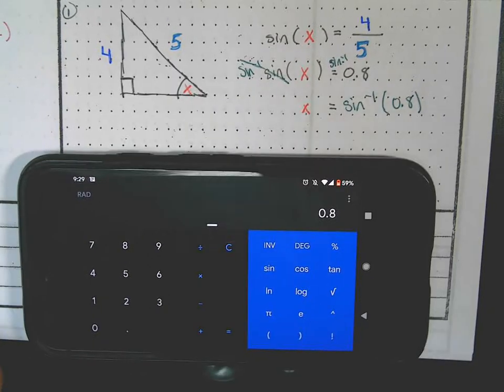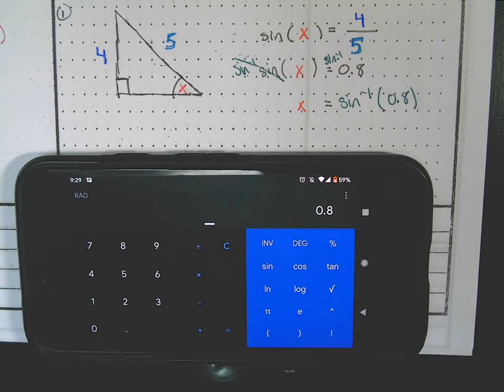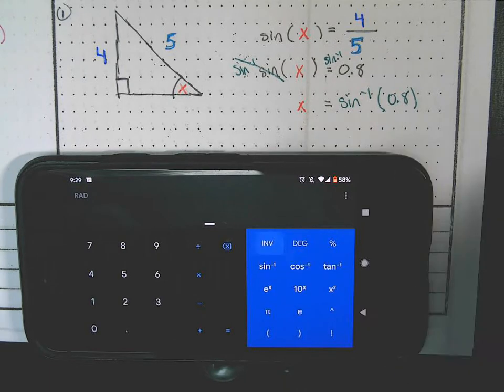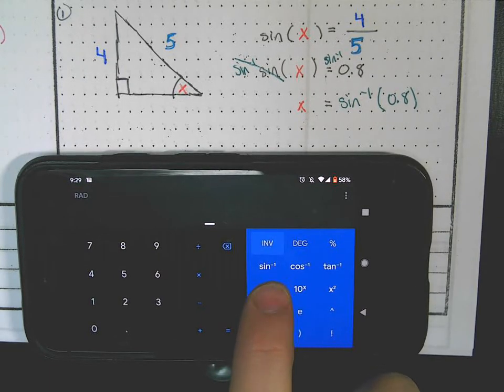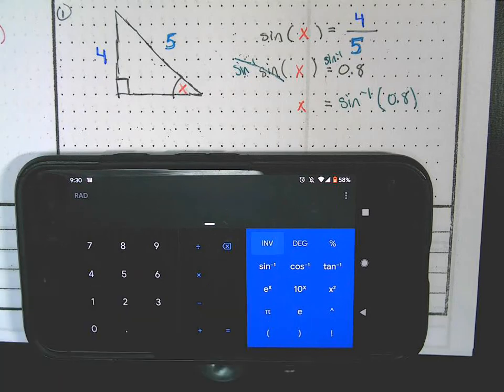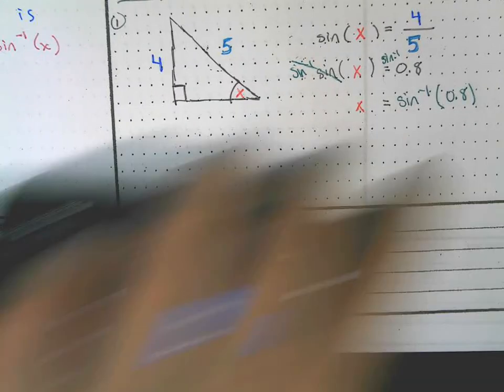So different calculators have different ways of getting to the sine inverse. On my calculator, I have a sine right there, but that's not sine inverse. I'll delete that. So if I hit this I and V button, for me, that's my inverse button. And now it brings up sine inverse. For a lot of other calculators, it will have that second button. So let's make a note of that in our margins.